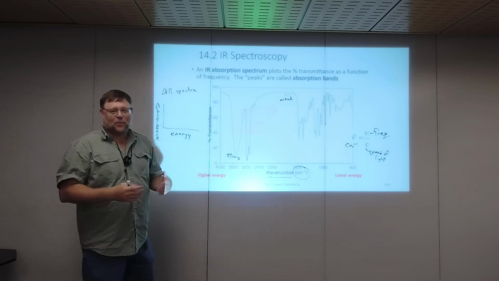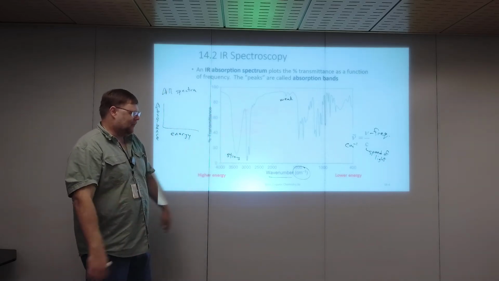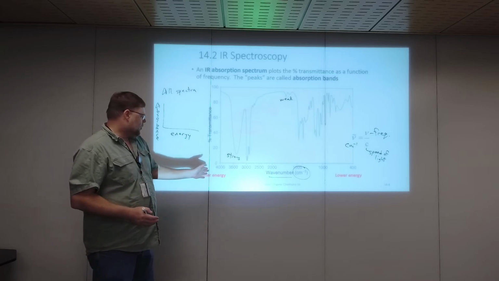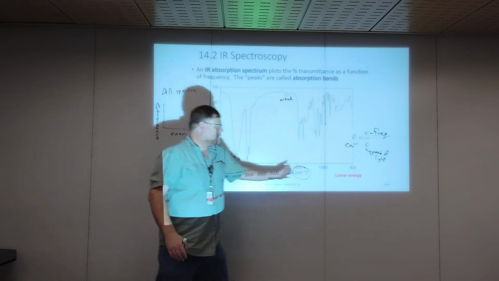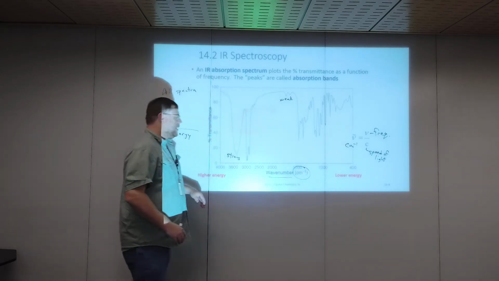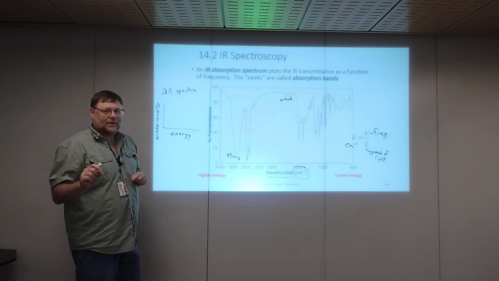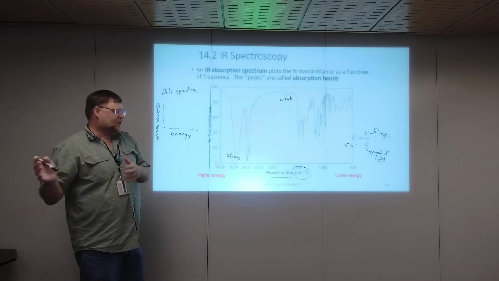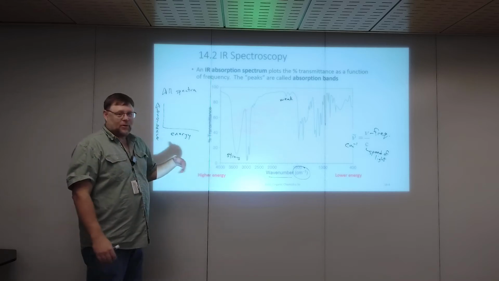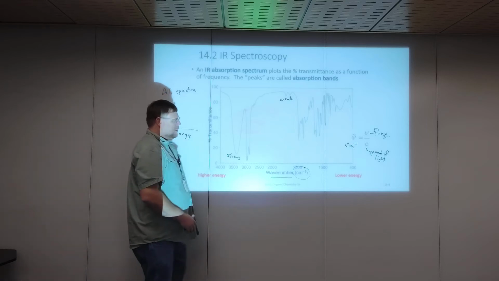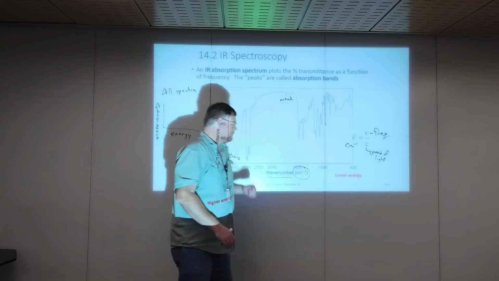Something physicists came up with in the early 20th century, and we've stuck with it. Your typical infrared spectrum is going to give you 4,000 wave numbers down to 400 wave numbers. The wave number is a frequency measure, so the larger the number, the higher the energy. High energy is to the left, low energies to the right.